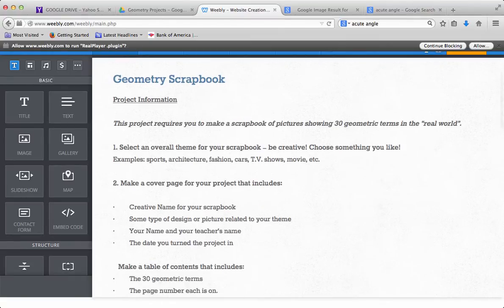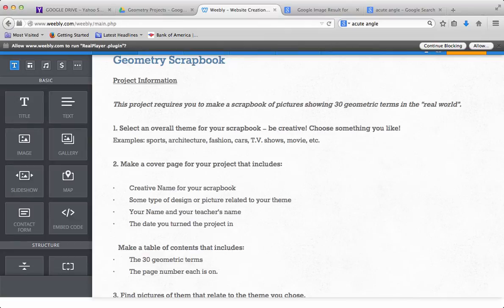I've made a template that you can follow along with, where you can just put them into your scrapbook. You're more than welcome to design your own, but feel free to just use that template to put your pictures in and do your work on that.